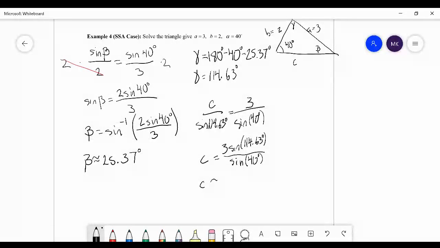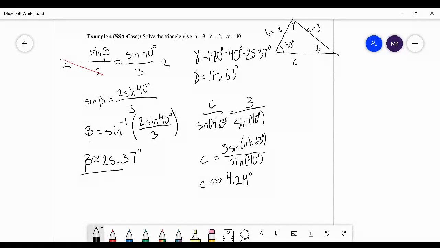And so c is approximately 3 times sine of 114.63 over sine of 40. We get that c is approximately 4.24.